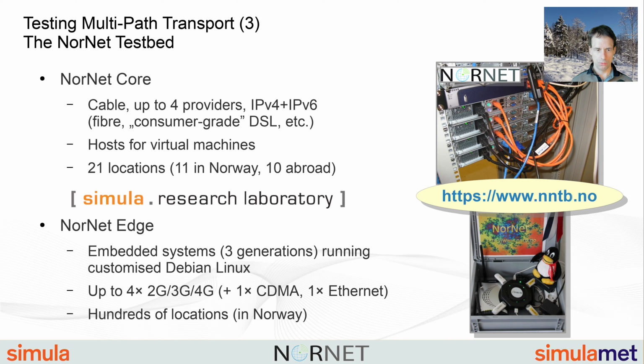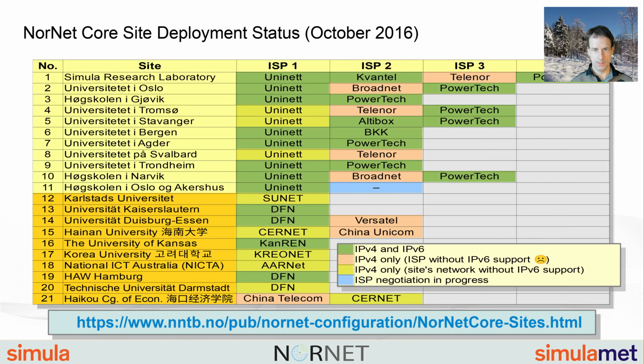I will not go into too much detail about Edge here, because I want to show you a little bit more about NorNet Core. NorNet Core, as I mentioned, had 21 sites some time ago, 11 in Norway and 10 abroad. In the past, the number of sites abroad has decreased a bit, so hopefully in the future we can find some new hosts in other countries again to extend the network.